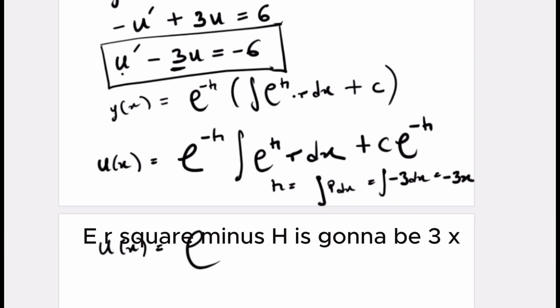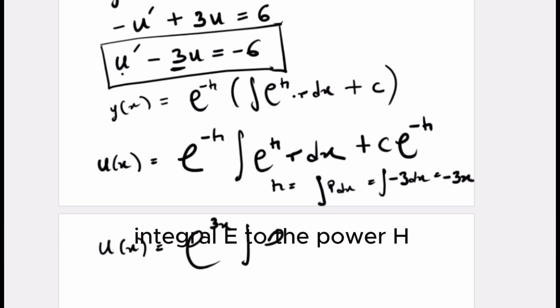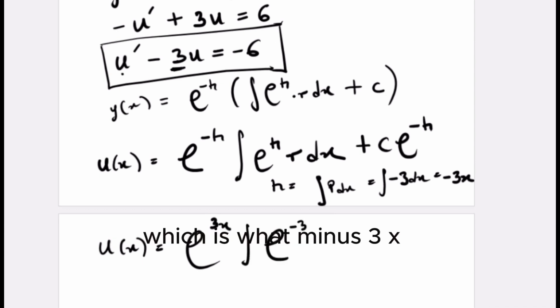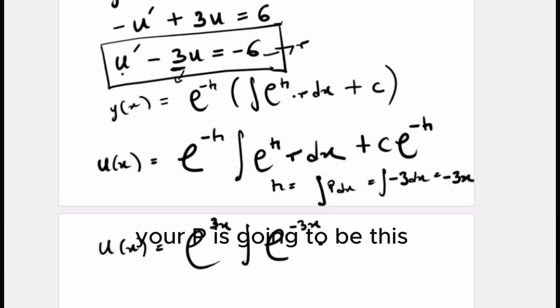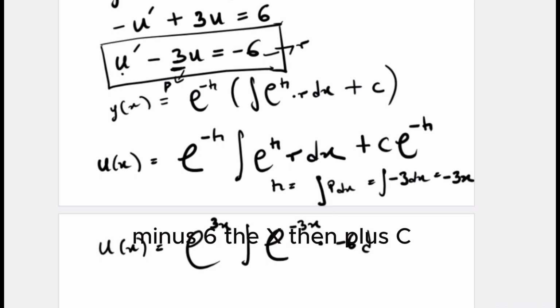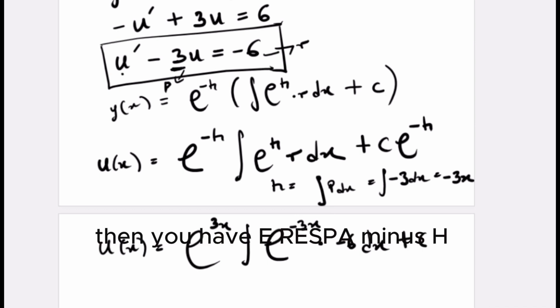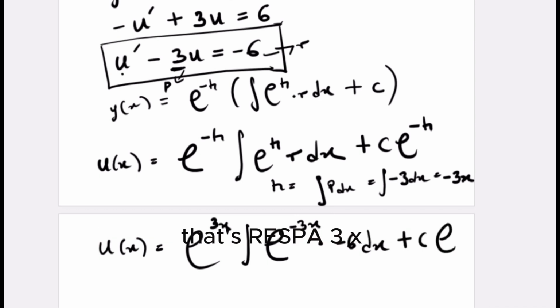E raised to power minus h is going to be e raised to power 3x, integral e raised to power h, which is minus 3x. Then dot r, which is this. Your r is going to be minus 6 dx. Then plus c. Then you have e raised to power minus h, that's raised to power 3x.